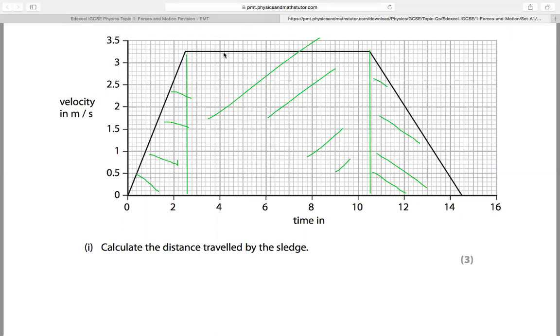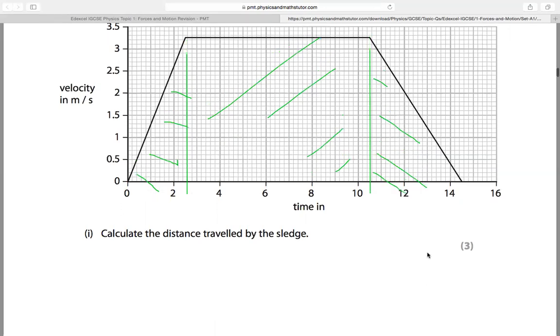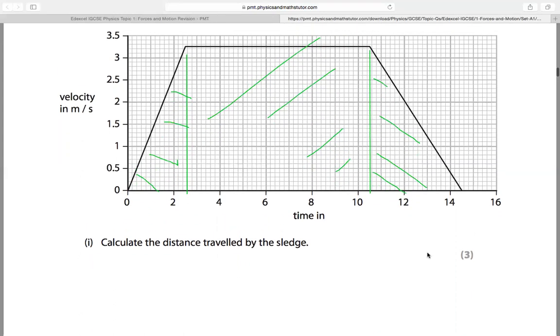Okay, so remember when you have a velocity time graph, to find the distance, you look at the area under the graph.